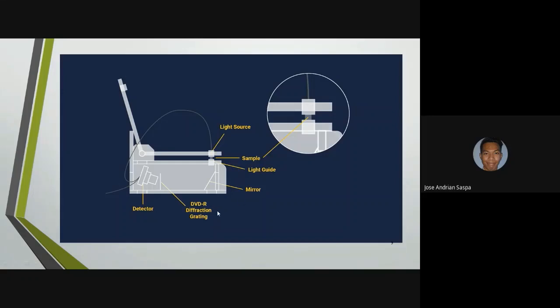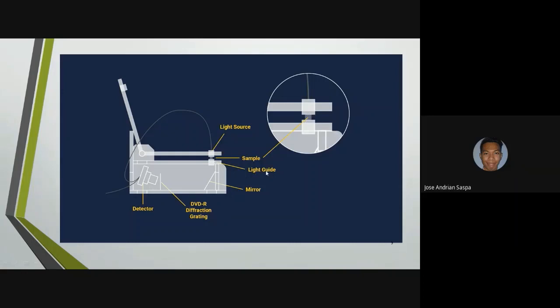We have here a picture showing the location of the parts of the UV-vis spectroscopy. We have the light source in this part. And then in this part, we have the sample, which is where we place the sample.